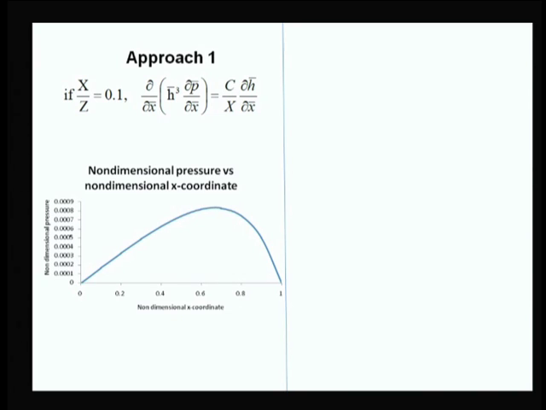That means the dimension in the x direction is 10 times smaller compared to the dimension in the z direction. In that situation, in the partial differential equation which contains two terms, one term will be cancelled out or neglected and the other term will be retained, and based on this steady state Reynolds equation we can find the non-dimensional pressure profile.